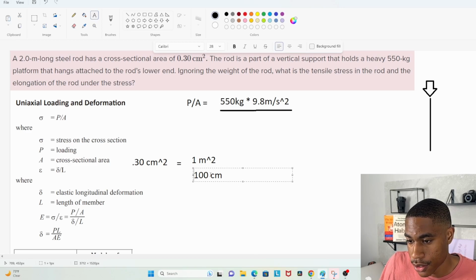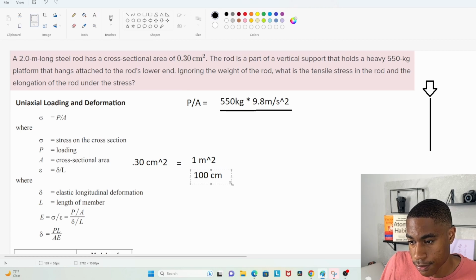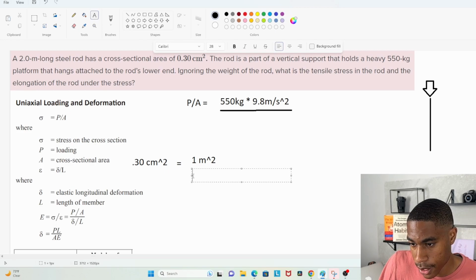So if I need to square this to cancel units, and I did that a little fast, but hopefully you know how to do this. It's basically just unit conversions.